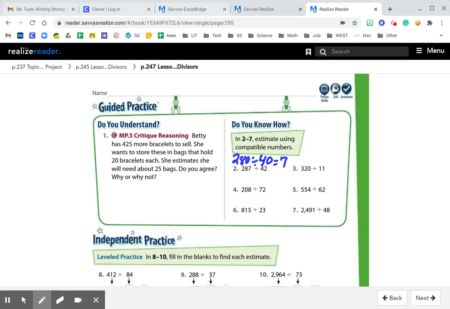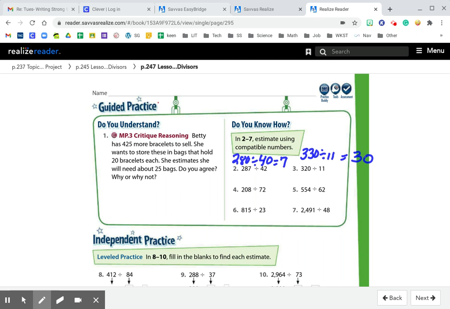And for number 3, I have 230 divided by 11. Now I could keep my 11 because I know 11 times 3 is 33, but 11 times 30 would be 330.